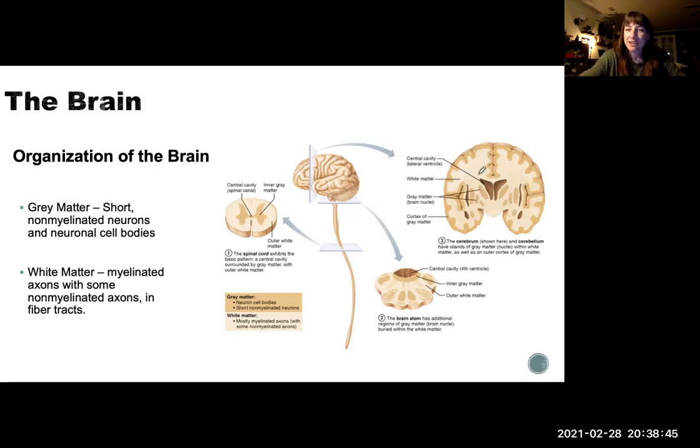The fatty lipid is white. Therefore, white matter looks white and gray matter looks a little bit more densely packed because it's just the cell bodies, the dendrites, the interneurons, blood vessels, and then of course all of your supportive glial cells as well.